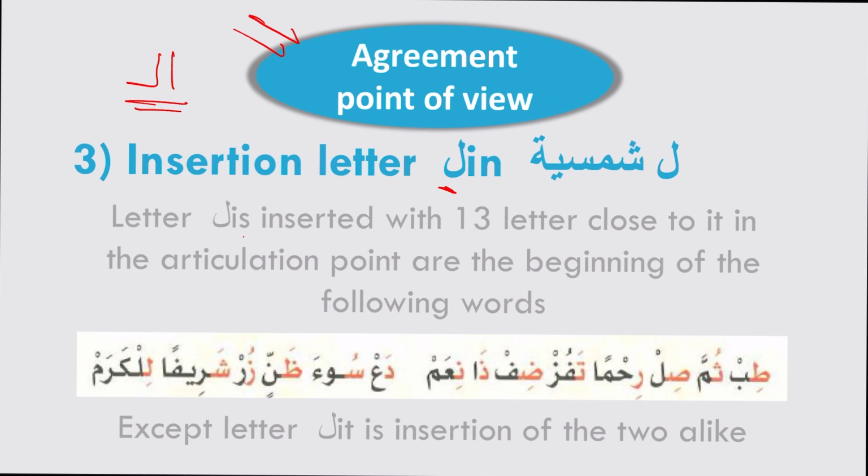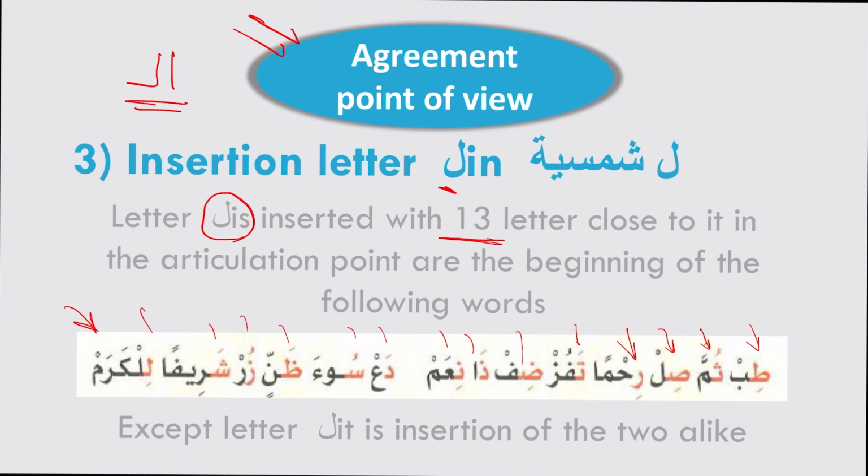Which is the issue we are talking about here. So lam shamsiyya: we have lam inserted into 13 letters, because they are close in their articulation point with them, and these letters are the beginning of this poem part. طب ثم صل روح من تفز ضف ذا نعم دع سوء ظن زر شريفا للكرم. Taa, thaa, saad, raa, taa, daad, dhal, noon, dal, seen, zaa, zay, sheen, and lam.